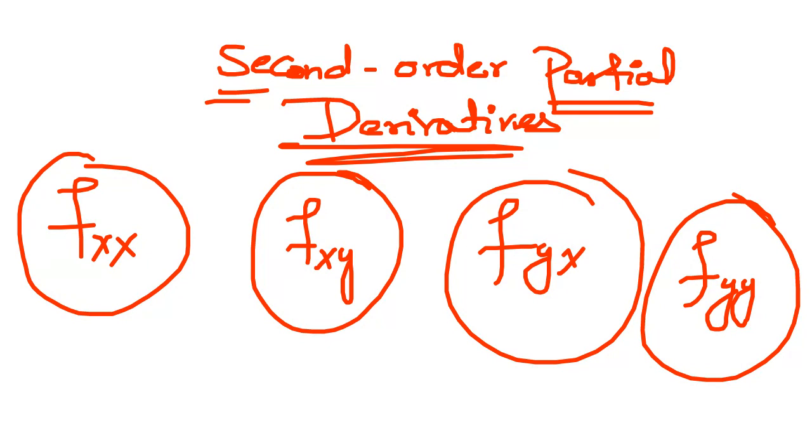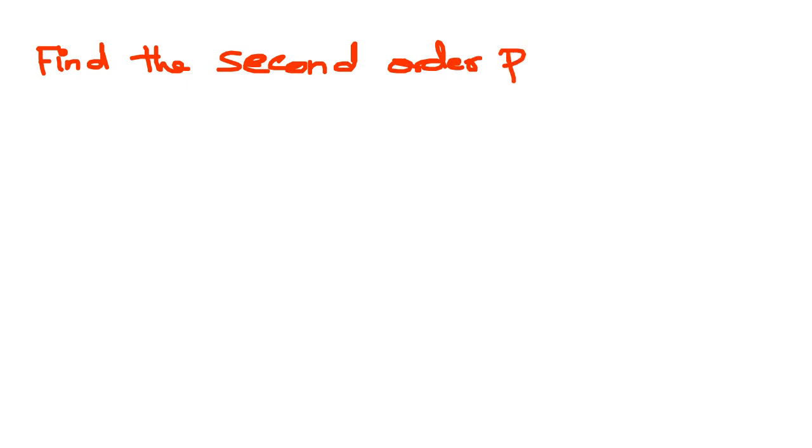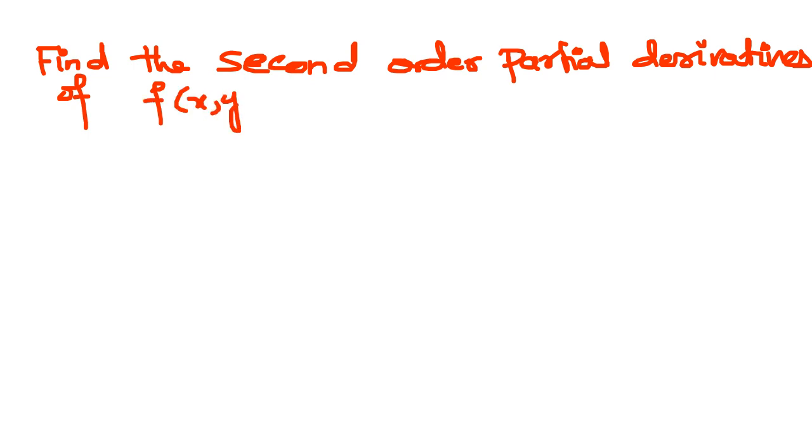Now I will give you one example in which we have to find all the second order partial derivatives. The question is like this: find the second order partial derivatives of the function x square y power 3 plus x power 4 y.